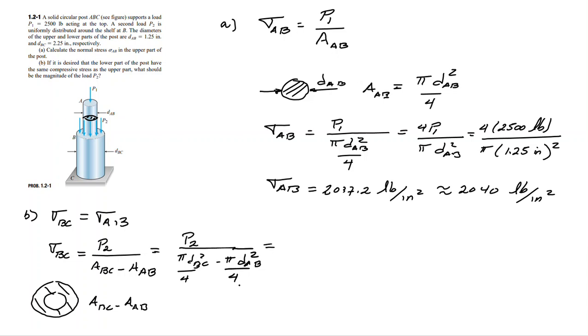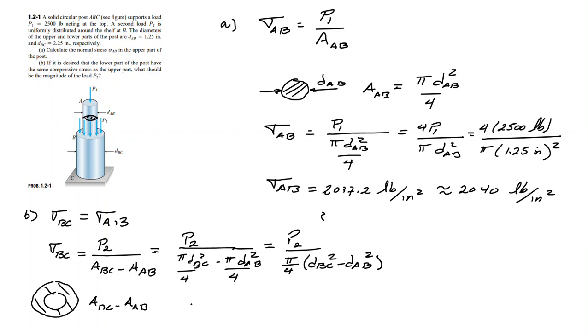We can work a little more here. We factor pi over 4 out, and we get d of BC squared minus d of AB squared. So I will solve for P2.